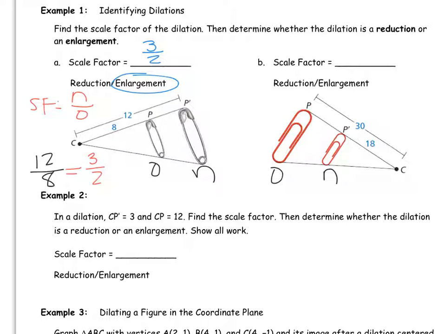The old one is 30, the new one is 18. It's always new over old, which means it's 18 over 30, which reduces to 3/5. That's a proper fraction, so that leads me automatically to know that this is a reduction.